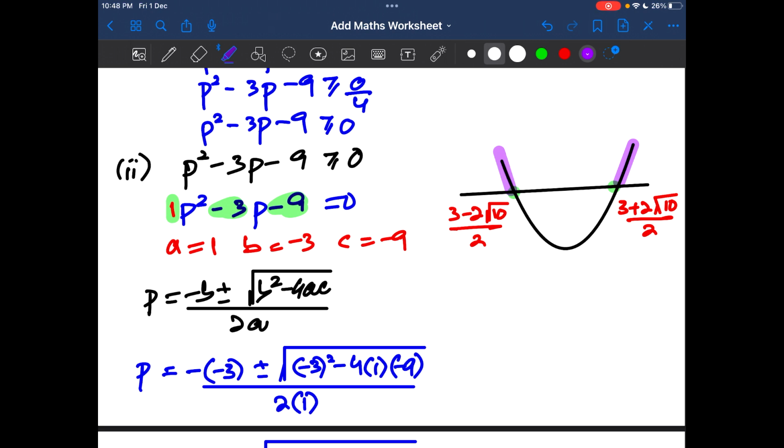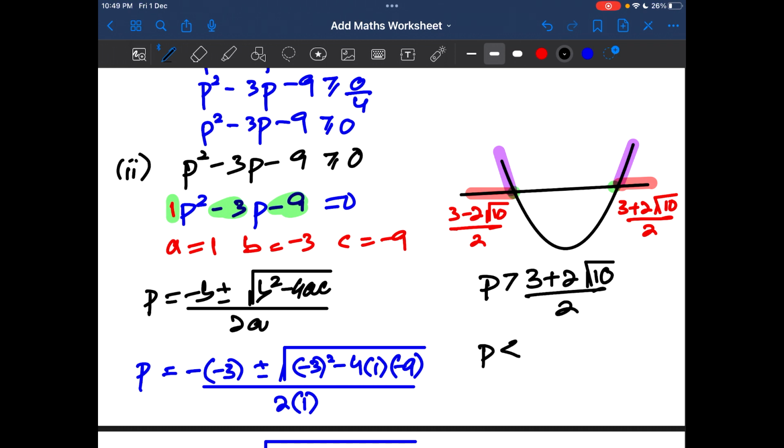On what values? When p is greater than this value and p is less than this value. So we're going to write when p is greater than 3 plus 2 root 10 upon 2 and p is less than 3 minus 2 root 10 upon 2. Secondly, since it is greater than or equal to 0, we are interested in these points as well.